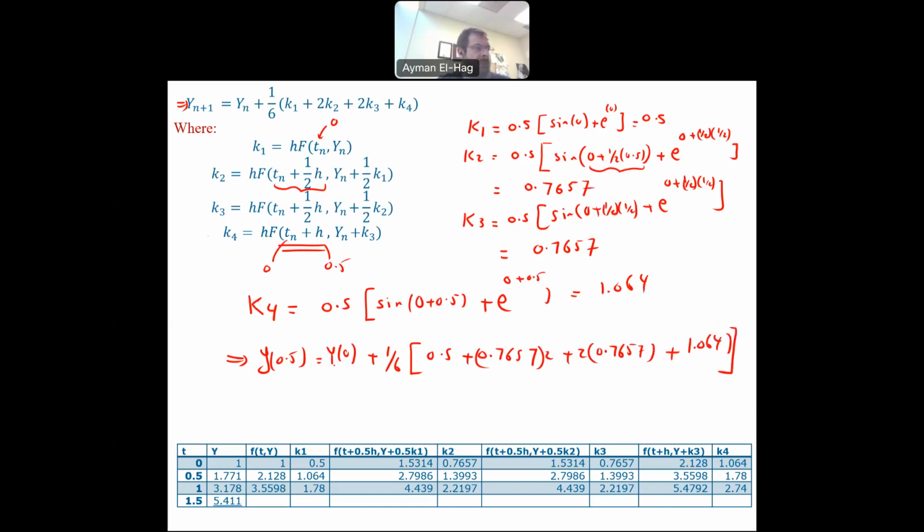And of course, y0 is basically 1. So we can find here y at basically 1.5, which is 1.771.